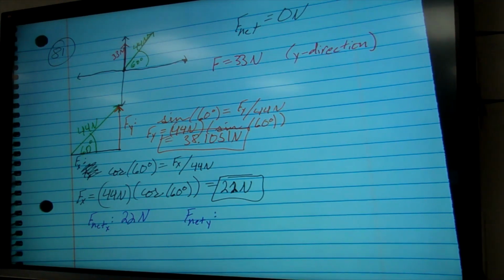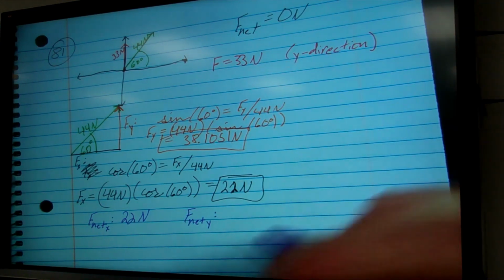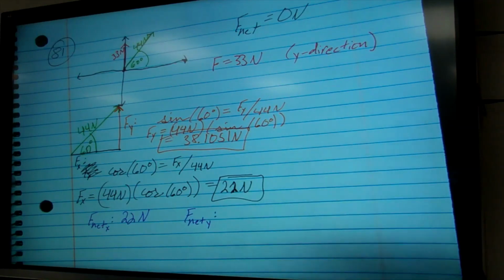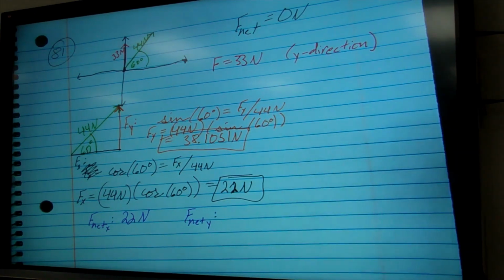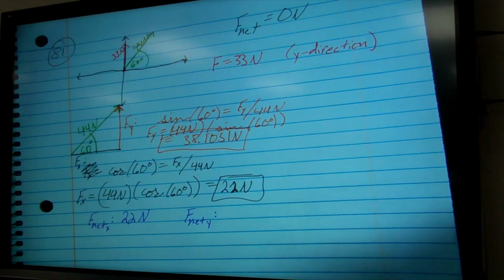I'm like, "Yes." All right, so the net force in the y direction. What's the net force in the y direction? Remember, we're just looking at force 1 and force 2. It is 71.1051 newtons. How did we get that though?